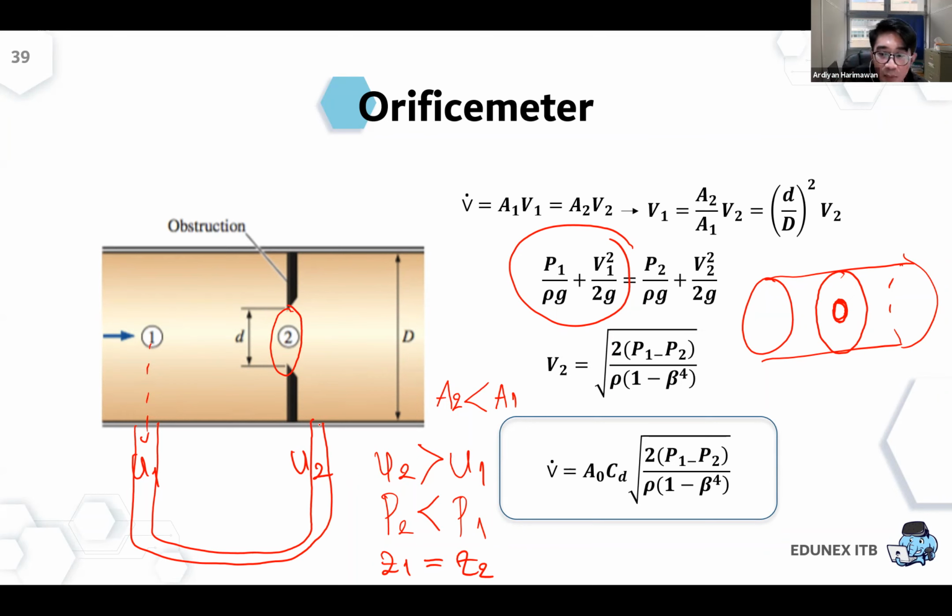Ya, jadi kakinya manometer itu harus dipasang pada posisi di mana dua titik tadi punya beda tekan. You need to install the manometer legs at two positions where there is a pressure difference. If you put one leg here and the other here, what will happen?